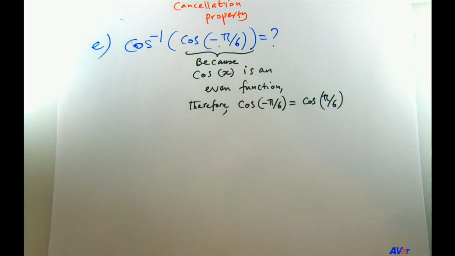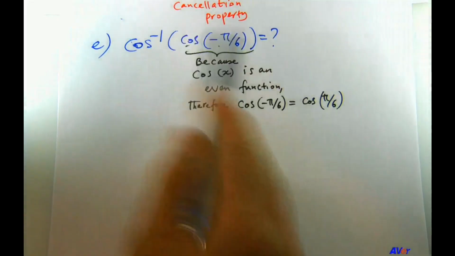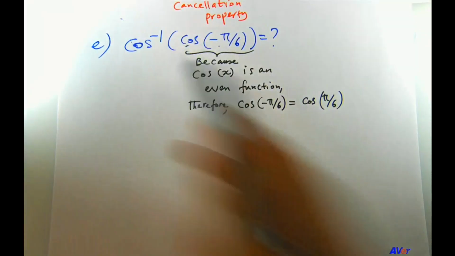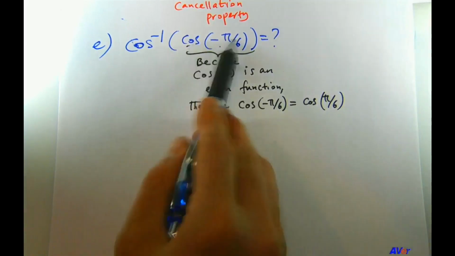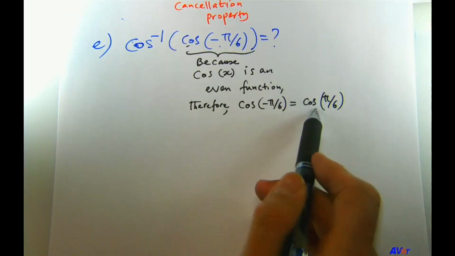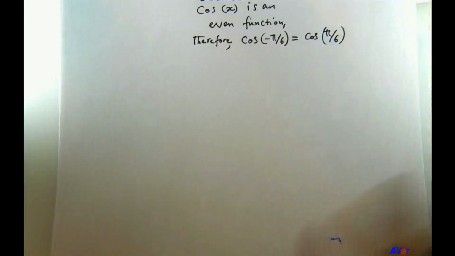Remember that? This is all from the previous classes, right? The cosine function is even, so that is equal to that. So let's substitute it with its equivalent, because cosine is an even function.